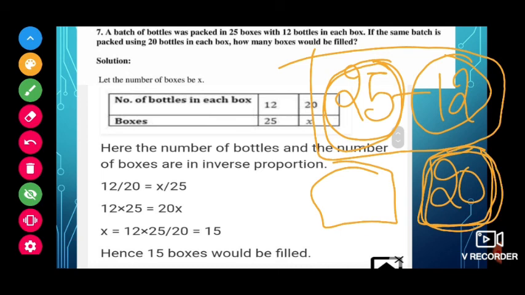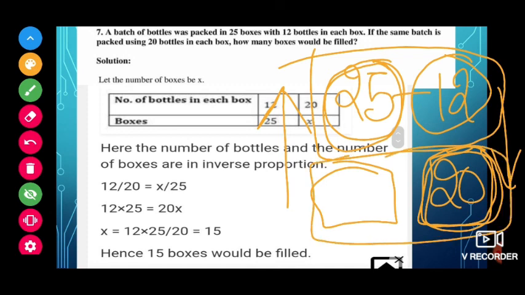If this is increasing, this will get reduced. It is an inverse proportion. So parallel multiplication: 25 into 12 is equal to x into 20. Directly we can go for this step.